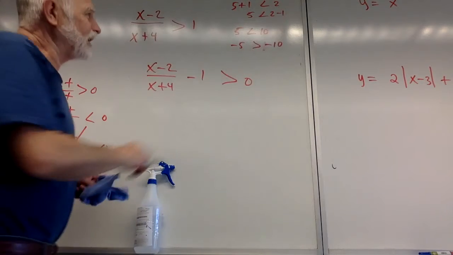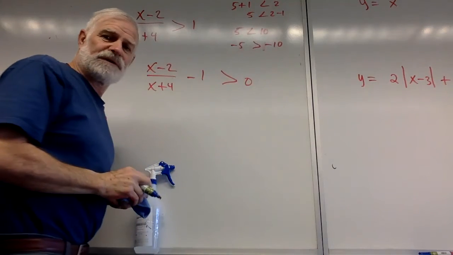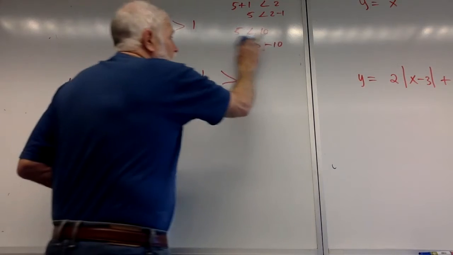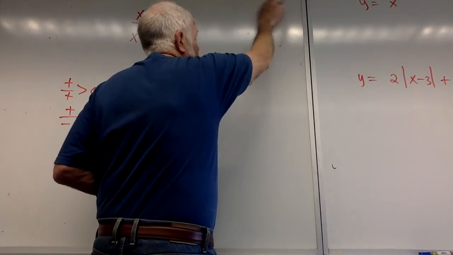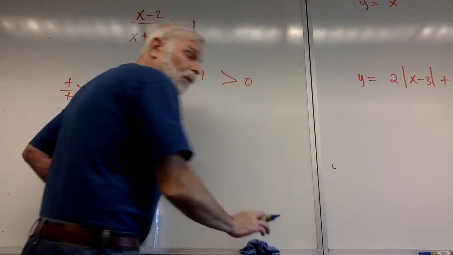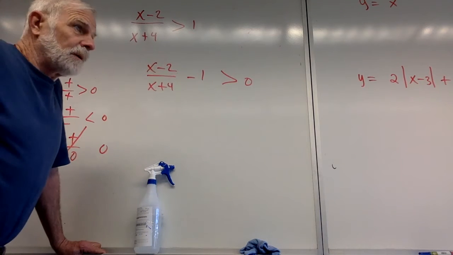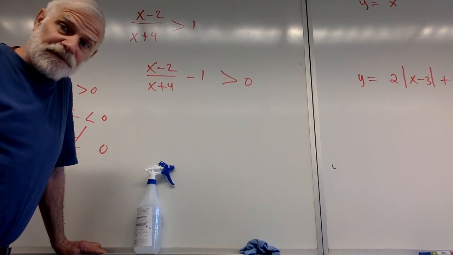So addition and subtraction doesn't change the direction of the symbol. Division and multiplication by a negative does. Useful, hopefully, review from previous level.